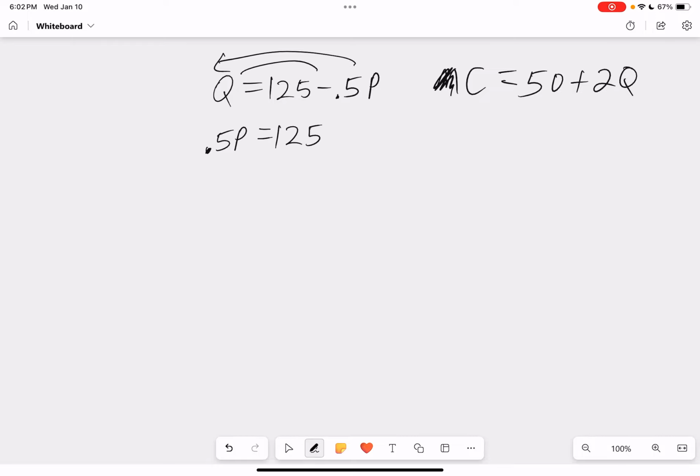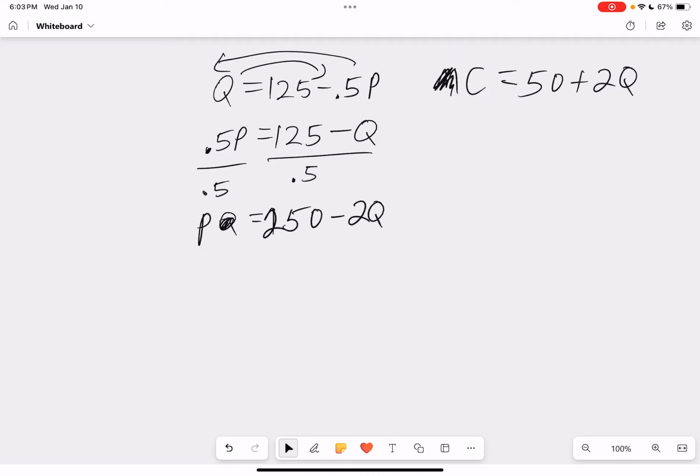And then the Q moves to the other, so minus Q. Divide everything by 0.5, which is the same as multiplying by 2, and that should not be Q, that should be P, is therefore 250 minus 2Q. That is an inverted demand function.